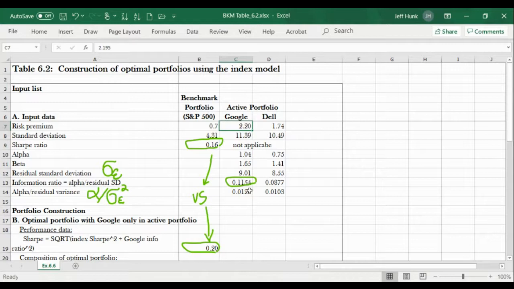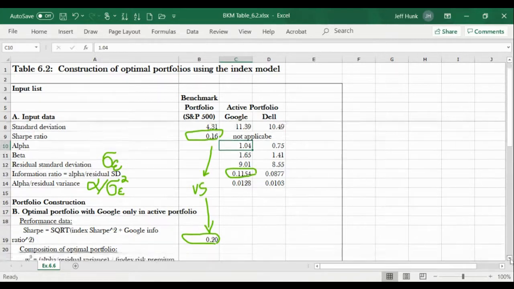If this is the risk premium of Google, alpha is what you get when the risk premium of the benchmark market portfolio is 0, and that was obtained by regression.